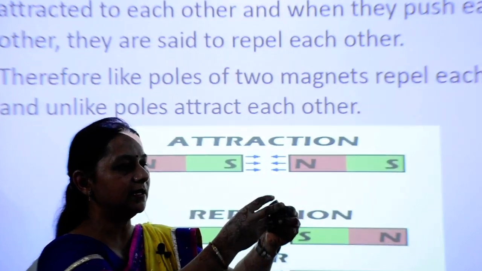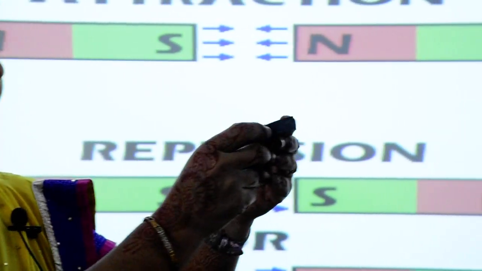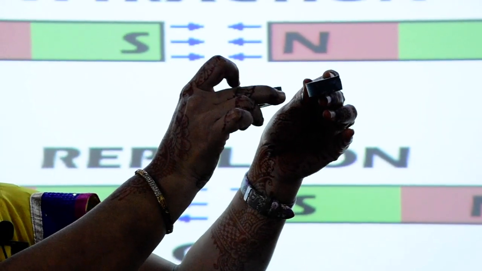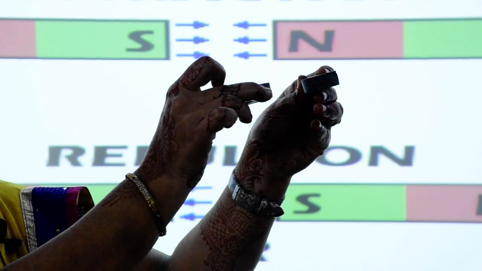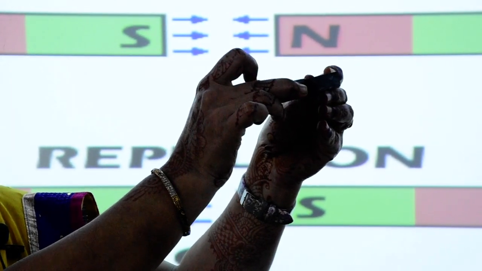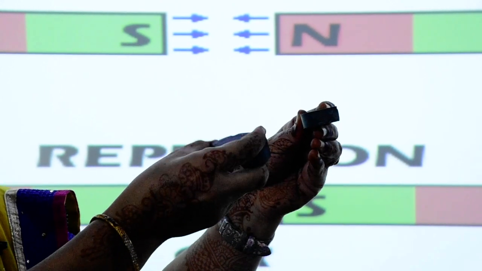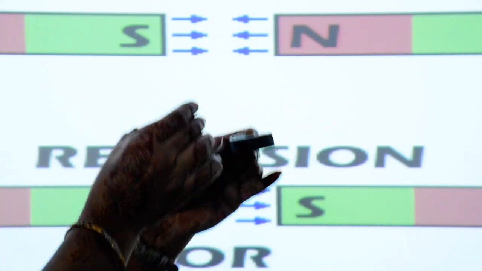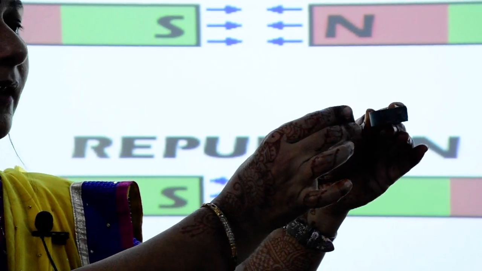Here you can see that the two poles which are unlike are attracted. They attract each other. You can see here, they are being attracted. Again, if I change the pole, they become like poles. Means if I have like poles, they will repel.